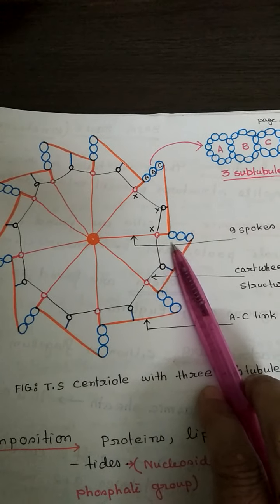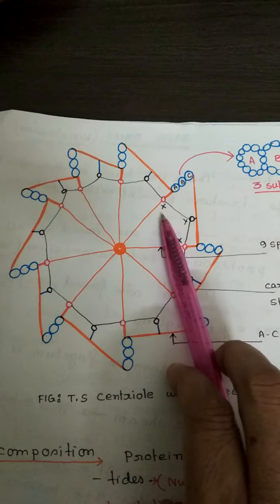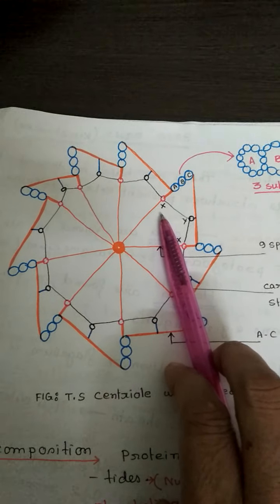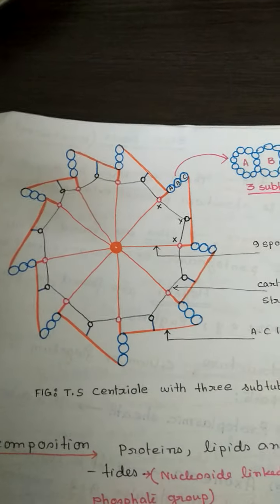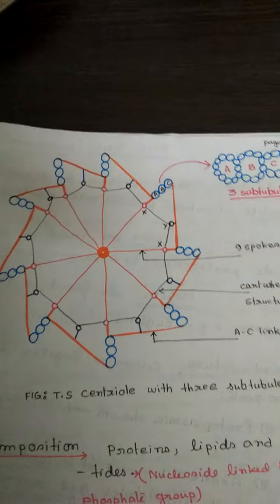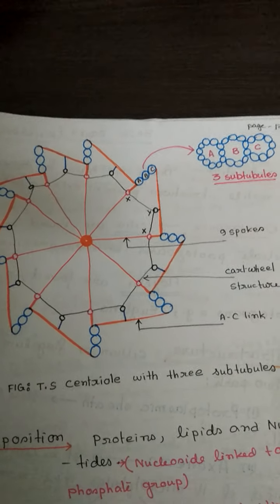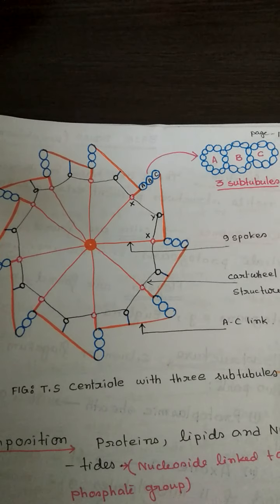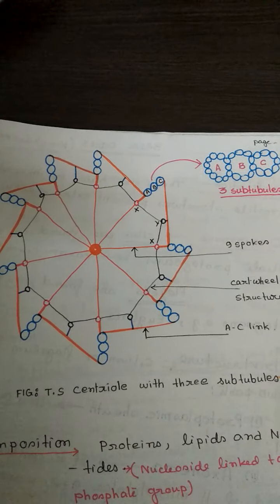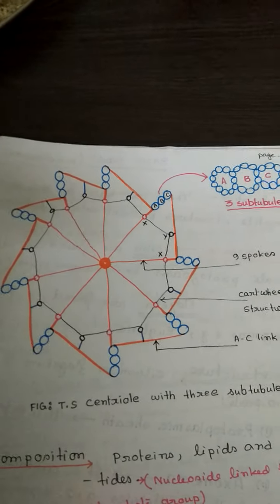Each radiating spoke ends in a dense material called the X body, also known as the foot, which is linked to A. Each centriole is surrounded by a pericentriolar structure called the satellite, and this helps in the formation of a new centriole.